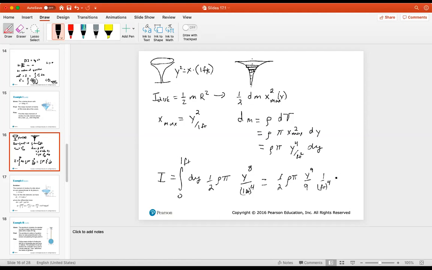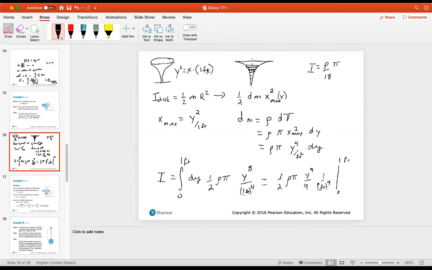And then I evaluate that between 0 and 1 foot. So I get a final result of I equals rho over 18 times pi.